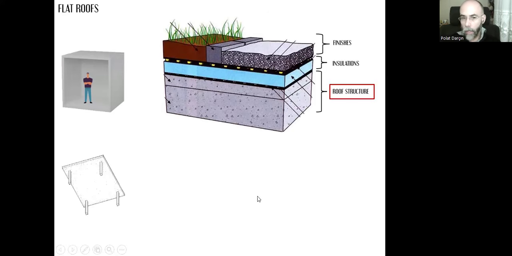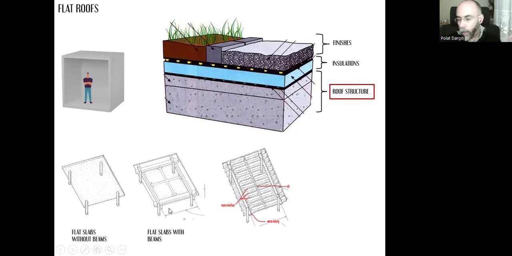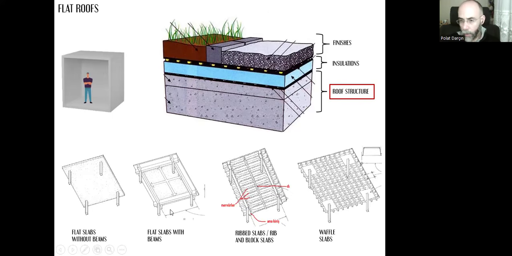Roof structure is the normal floor that we learned how to design last semester. We can either prefer reinforced concrete floors, flat slabs without beams, flat slabs with beams, or depending on the span, ribbed slabs or waffle slabs.